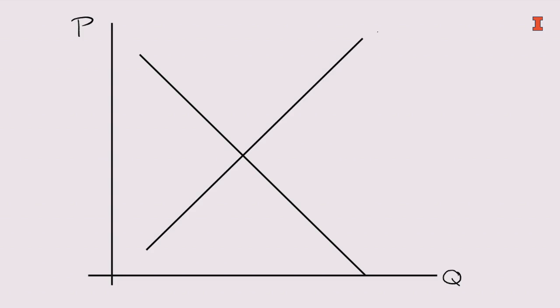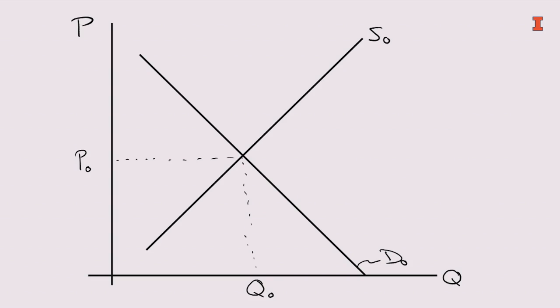We'll label the supply curve S0 and the demand curve D0. This point, P0, Q0, is what you would have seen back in the first module: the equilibrium in a free market.